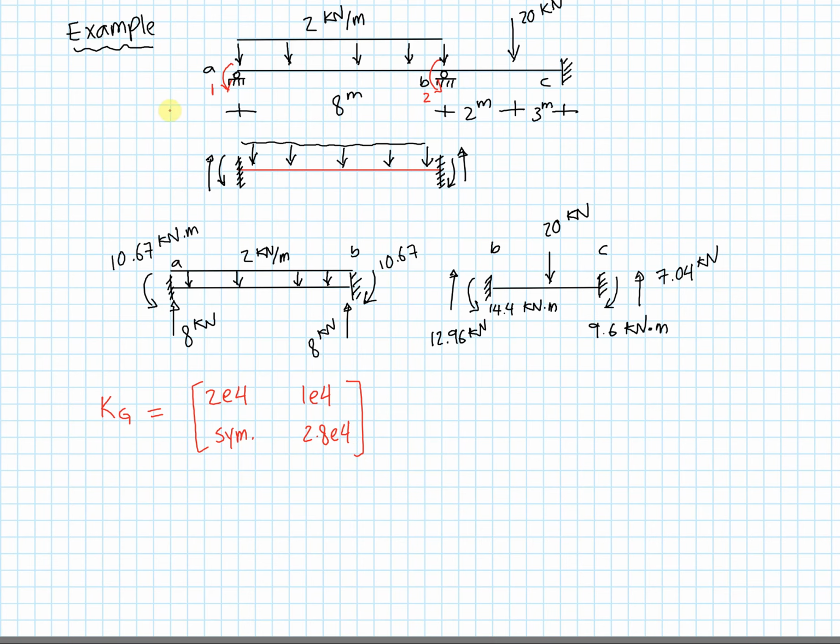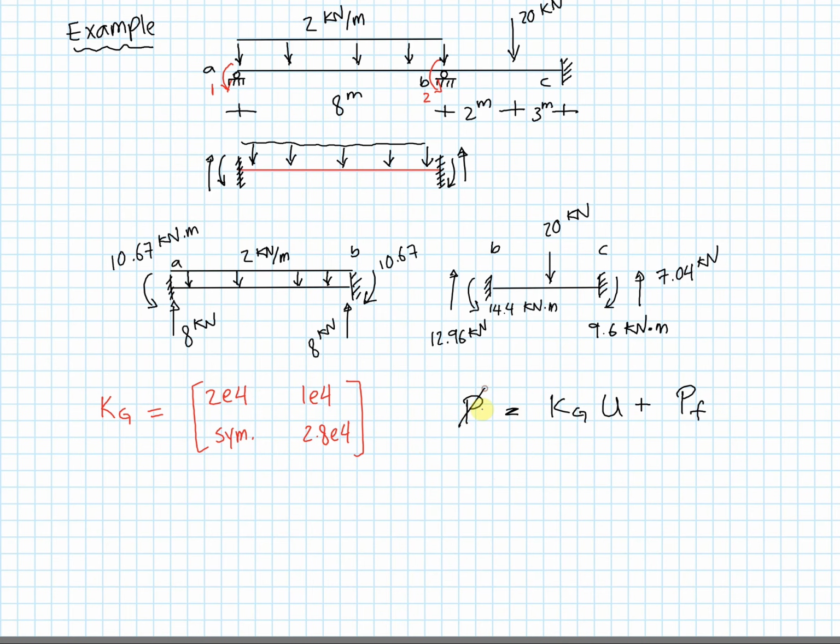And this time, unlike the previous examples, we have these fixed end forces that we need to incorporate. If you recall, in the previous examples, we always had a force, and this force equaled the global stiffness matrix times our deformations. This time, we need to incorporate fixed end forces, and I'm going to denote that by PF.